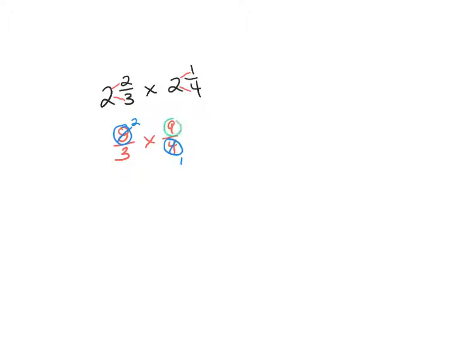With the 9 and the 3, I have a common factor of 3. I'm going to divide both of those by 3. 3 divided by 3 gives me 1. 9 divided by 3 gives me 3. Now I can go straight across and multiply. 2 times 3 on the top gives me 6. 1 times 1 on the bottom gives me 1.